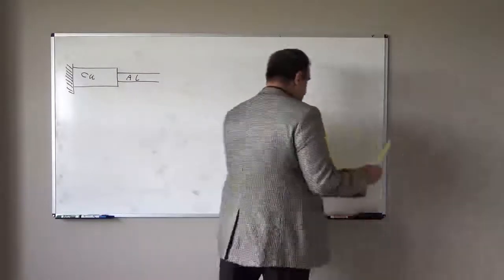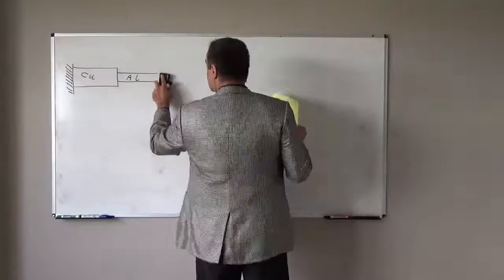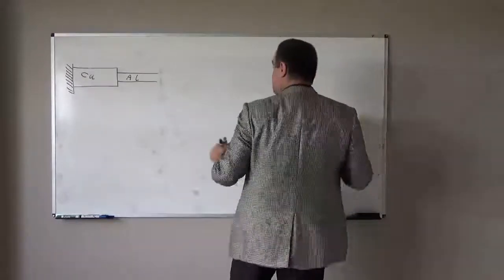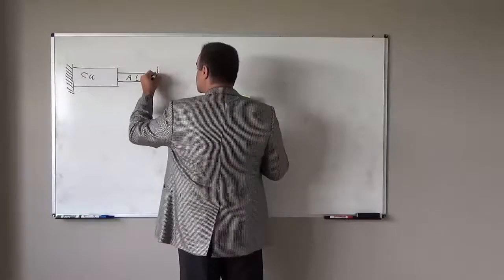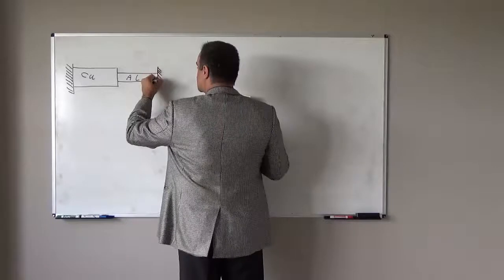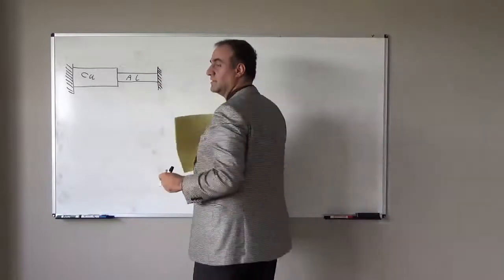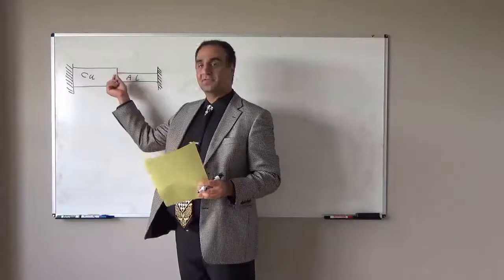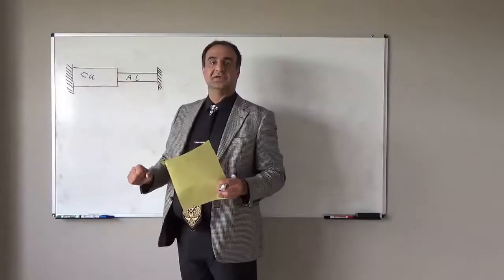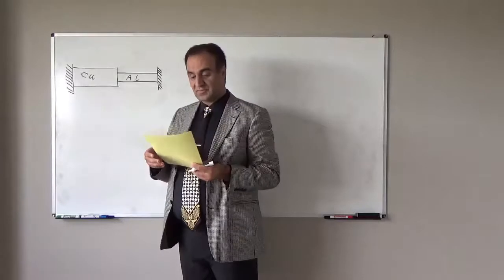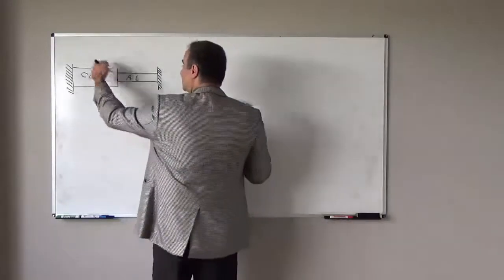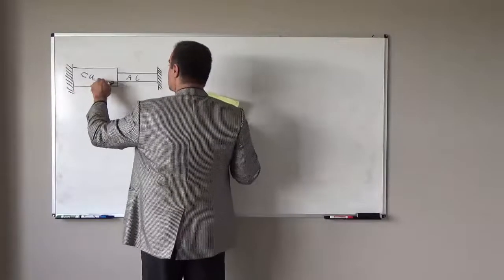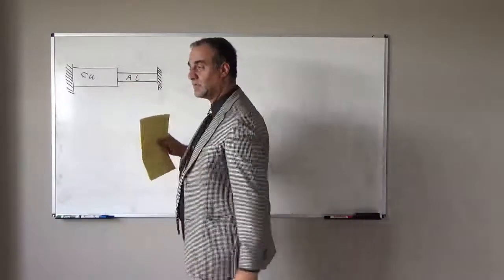So we have two different materials, and the cross-sectional area is circular, so it is a cylindrical shape. We have two rods. We attach them here, we weld them to each other, and we attach them to the support as a fixed support. So part of this rod is copper, and another part is aluminum.